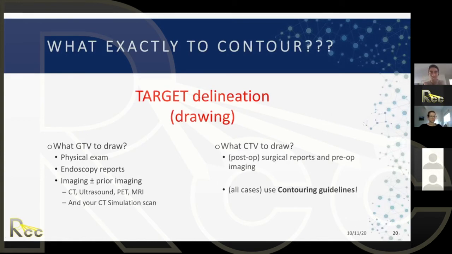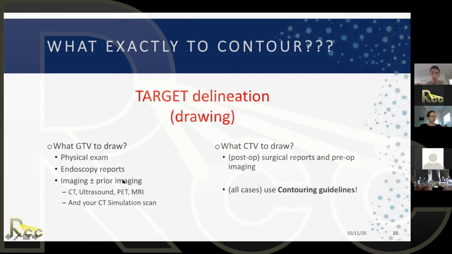So getting to Dr. Bistoon's question, which I'm sure many other people had, how do we know what to draw in what situation? As I mentioned, for the GTV, you have the physical exam, you have endoscopy reports, you have your imaging, CT, ultrasound, PET, MRI. You also have your prior imaging.